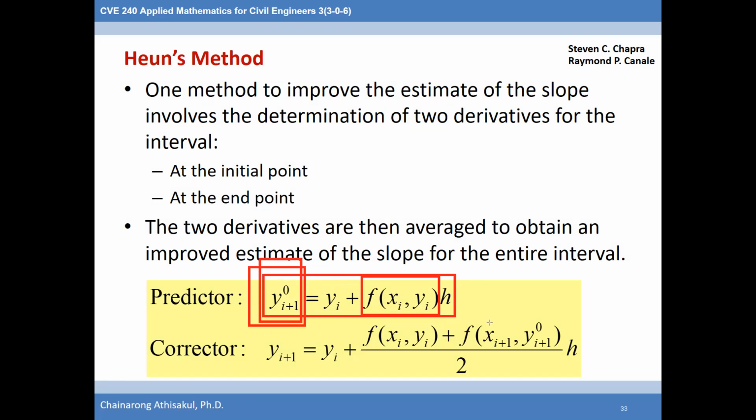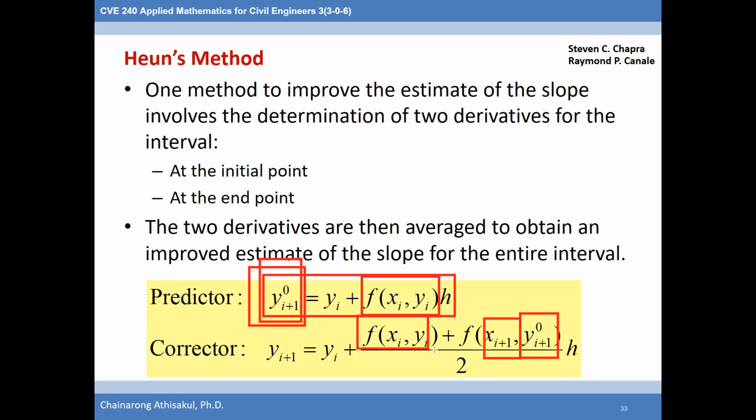Now we have the value of x and the value of y at the endpoint from the predictor, that is, from the Euler. When we substitute the values of x and y at the endpoint into the function, we get another slope, that is the slope at the endpoint.